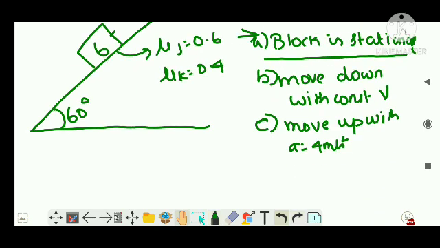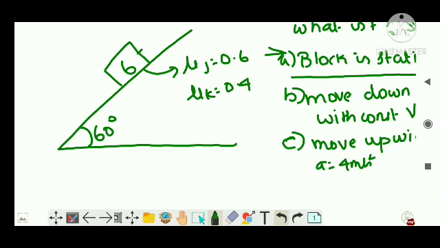So how would you do it? Remember this figure itself, I'm going to write here F, and there is a frictional force Fr, and here it will be mg sine theta, that is 6g sine 60. Clear? See guys, I'm not going to write the entire thing.